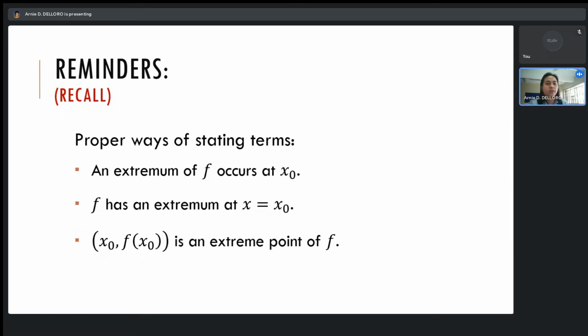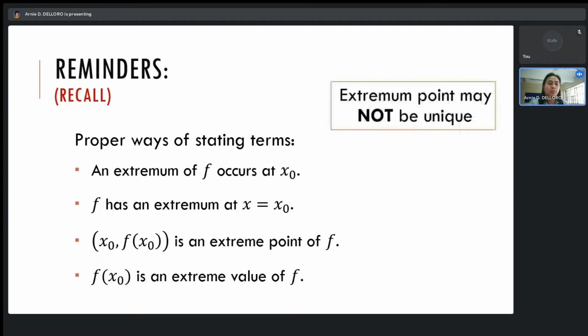Also, f of x sub 0 is an extreme value of the given function. Also, take note that an extremum point may not be unique. We may have several extreme points.